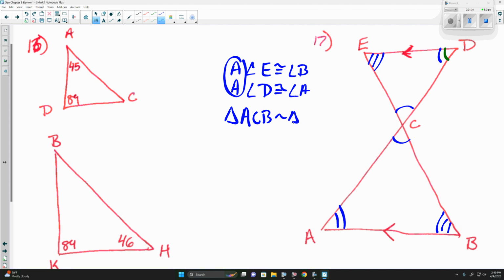Now the angles here are congruent, but our triangles are not congruent, they are similar. Now our statement, we went A, C, B. Here we're going to go D, C, by angle.